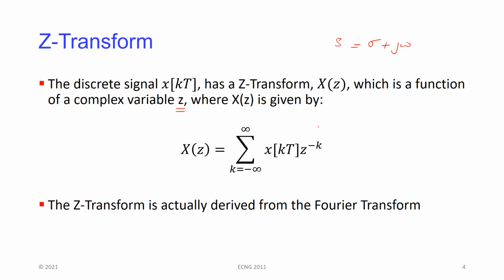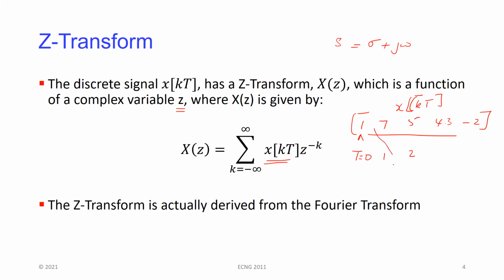And notice, because you're dealing with a series of numbers, remember these numbers will be 1, 7, 5, 4.3, minus 2, that kind of thing, x(kT). It has a value at t equal to 0, and a value at t equal to 1 or t equal to 2.